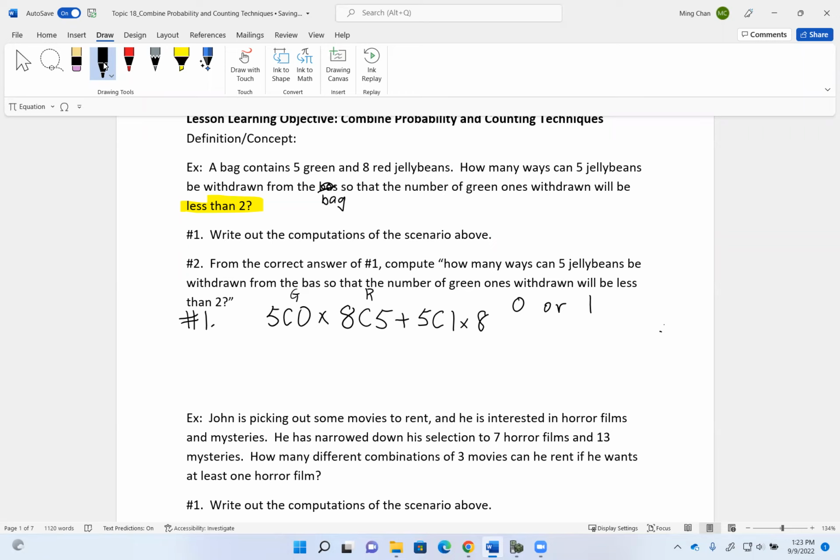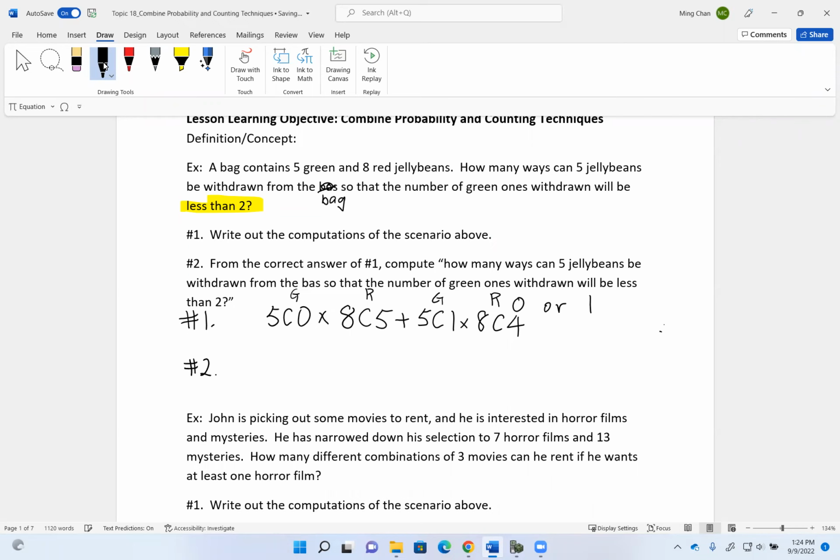So there will be 8 red total, choosing 4 using combination. The first part before the plus sign is how many ways to draw 0 green ones. The part behind the plus sign tells me how many ways I can draw 1 green one. The rest of them are red. So that's the computation.